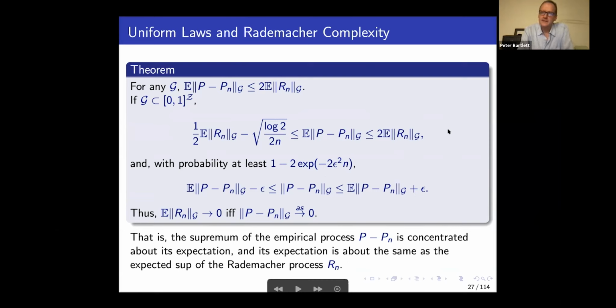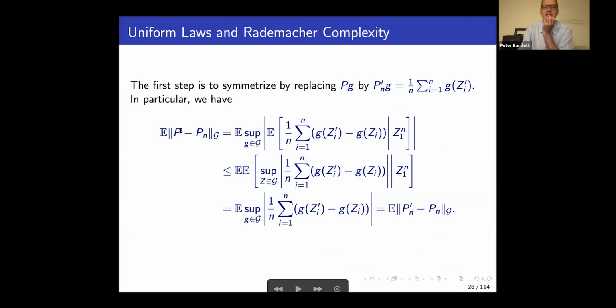Also, what does it mean to symmetrize? Yeah, so we're making things more symmetric here. We started out with something that was an expectation and a sample average, the difference between those two, and we turned it into something more symmetric, which is a sample average and another sample average.